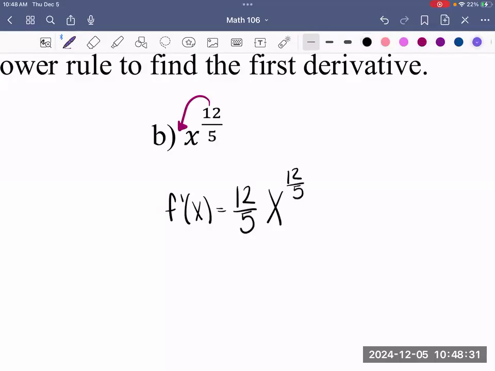Again, subtract 1. Here, instead of showing a 1, we can write 5 over 5 to get a common denominator, so we can subtract those. 12 minus 5 is 7 over 5. Again, this is the first derivative of your function.